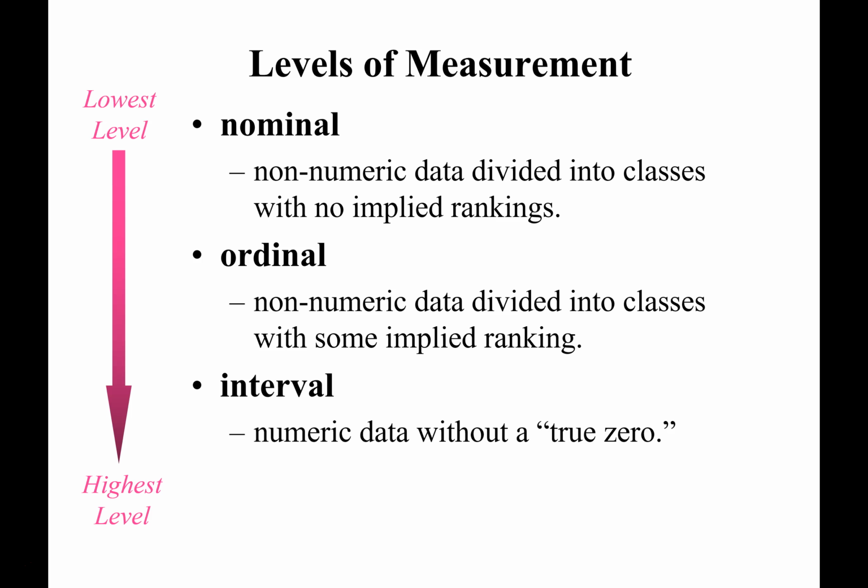Then there's the interval. And the interval actually has numeric data, but if you look at the 0 on that scale, there's not much to it. Case in point, we could choose either the Fahrenheit or the Celsius scale. I'll choose the Celsius scale. A little bit ago, we had 100 degrees Celsius, water boils.